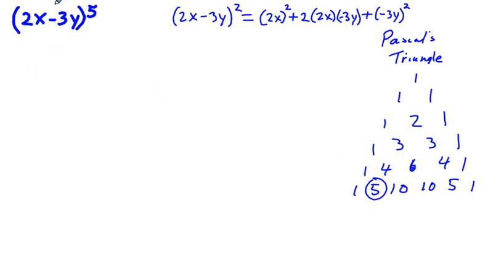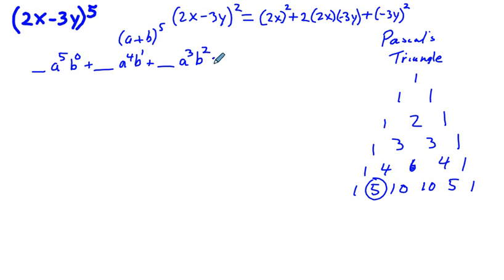So let's go ahead and write out what we have here. If we had, for instance, quantity a plus b to the fifth power, we would expand this by writing some coefficient times a to the fifth power, and then b to the 0 power, plus some coefficient times a to the fourth power times b to the first power, plus some coefficient times a to the third b squared.